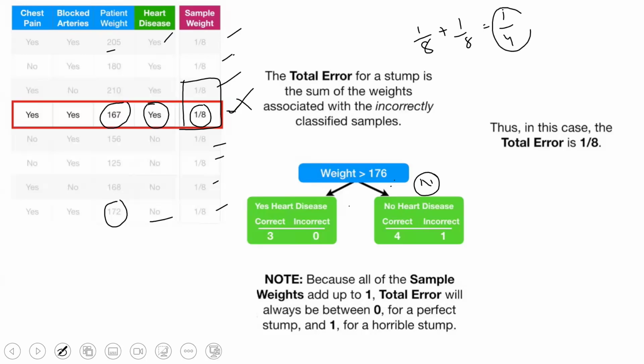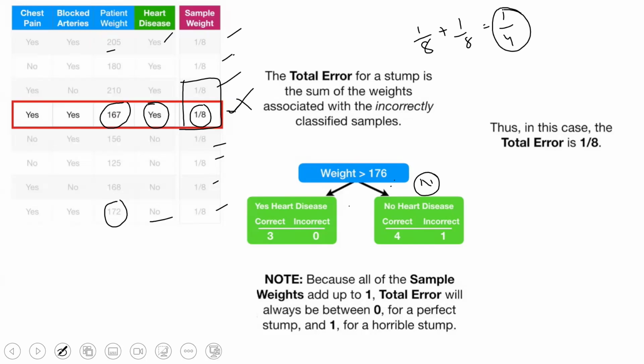Total error is nothing but the sum of weights associated with the incorrectly classified samples by that particular stump. In this case, as only one record is wrongly classified by this stump, the total error would be 1 by 8.